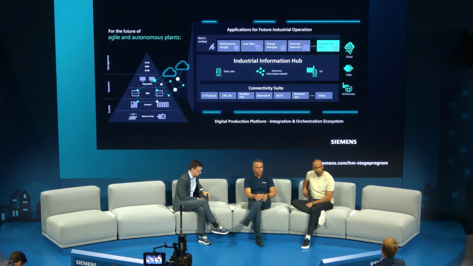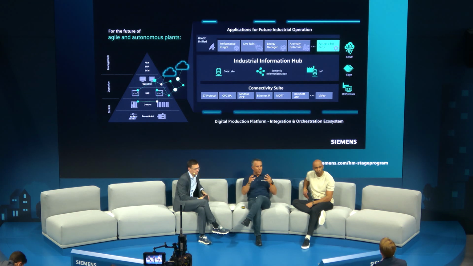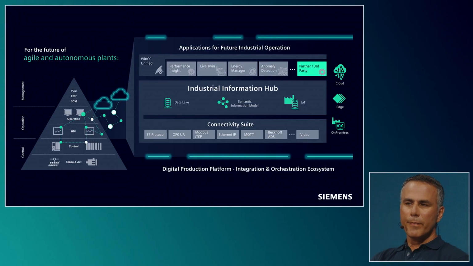In that context, I want to show you this slide, as IT and OT integration plays a key role for the challenges of Voestalpine. I would like to explain to you how IT and OT integration works with the help of industrial edge apps on the top, the integration layer in between, which is the Industry Information Hub, and a broad range of connectivity at the bottom, which is the basis.